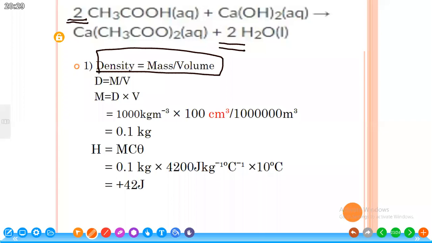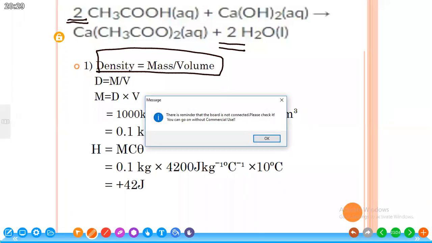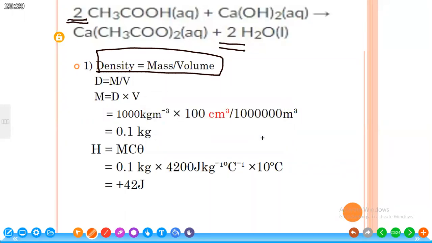So mass is equal to density times volume. They give the value of 1000 kg m^-3 for water, and the solution is equal to that. The volume here is 100 cm³, so we change it to SI units by dividing by a million, and we get 0.1 kg as the mass of the substance.